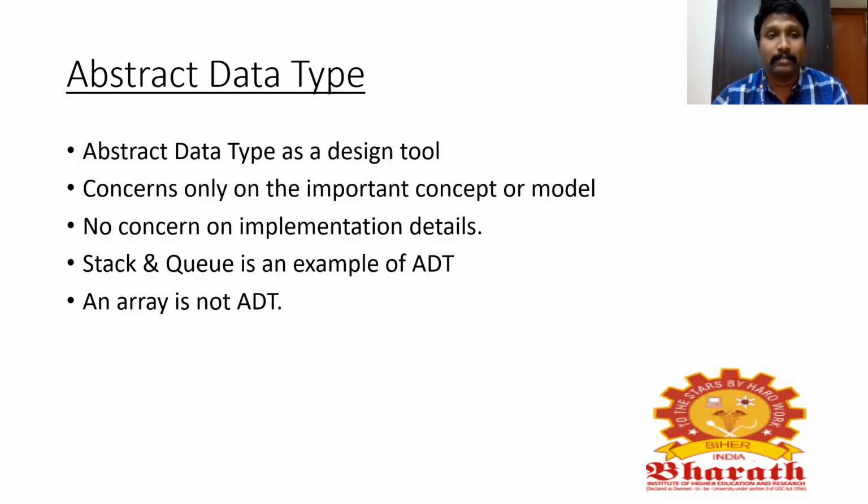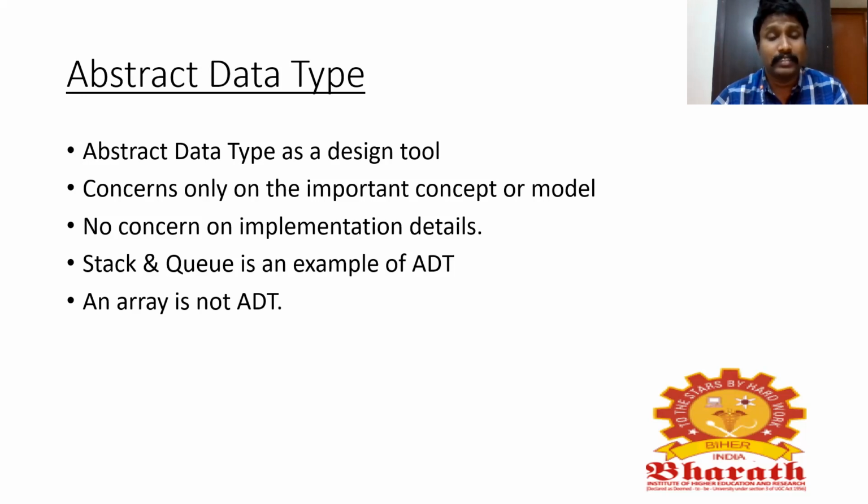A very good example of abstract data types are stack and queue. Stack and queue are examples of an ADT, an abstract data type. They do not care about the implementation. An array is not an abstract data type, because it cares about the implementation.